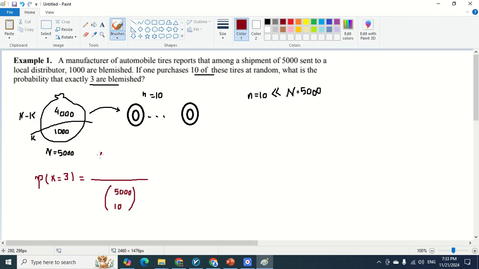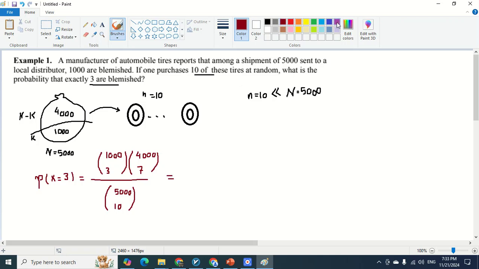The numerator is 3 chosen out of the 1000 blemished cases, because we want exactly 3 blemished ones, and the remaining 7 chosen out of 4000. And if you want to see what that number is, take a look at the denominator, or the numerator as well.